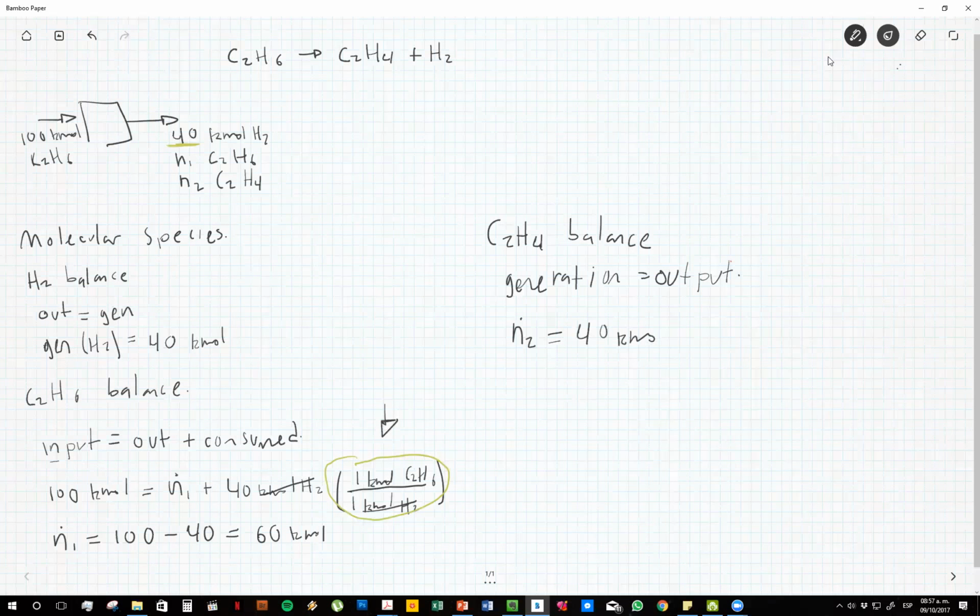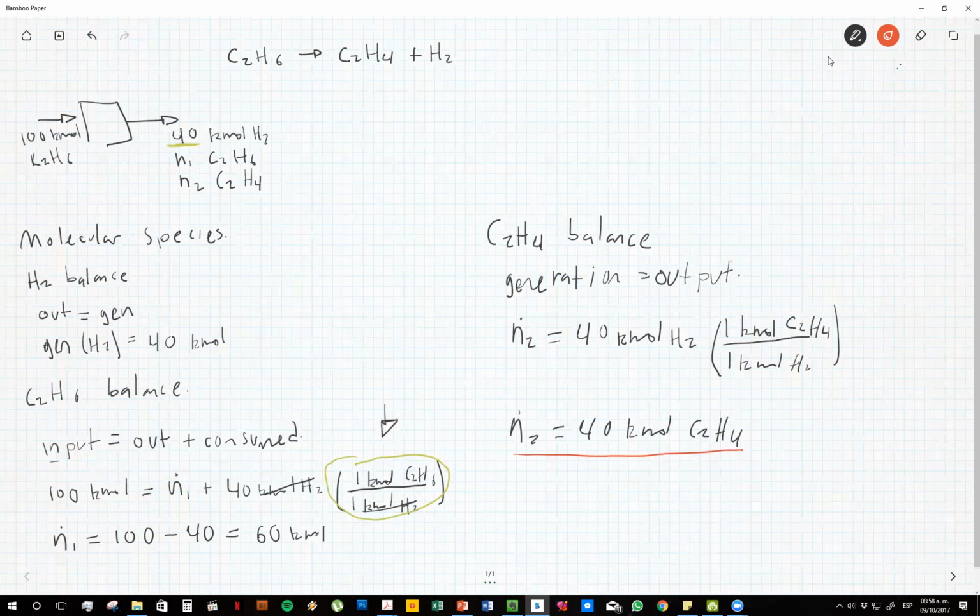We know that we have 40 kilomoles of hydrogen, and for each 1 kilomole of hydrogen, we have 1 kilomole of C2H4. So N2 is equal to 40 kilomoles of C2H4. There we have our answer: the first unknown variable was this 40 kilomoles of C2H4, and the other variable was this 60 kilomoles of C2H6.